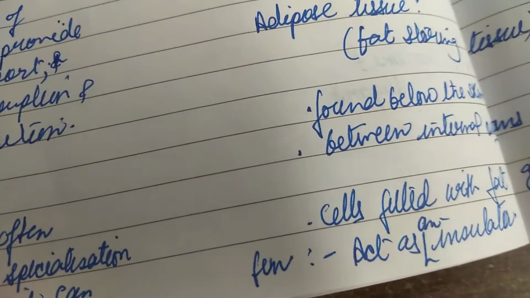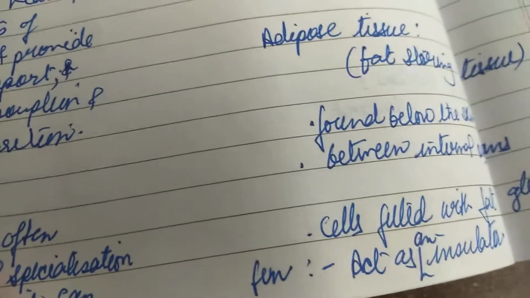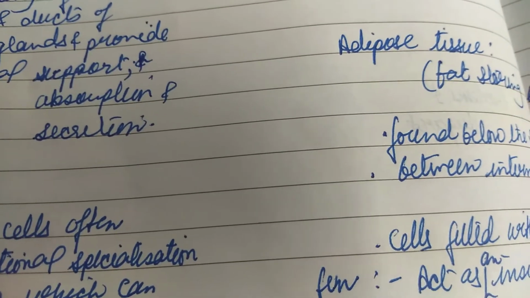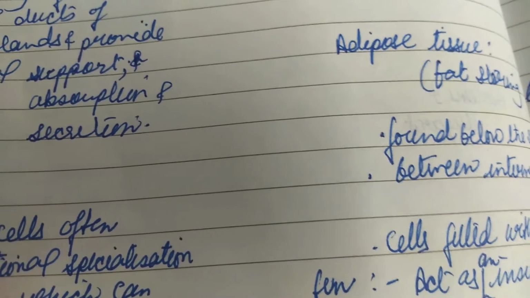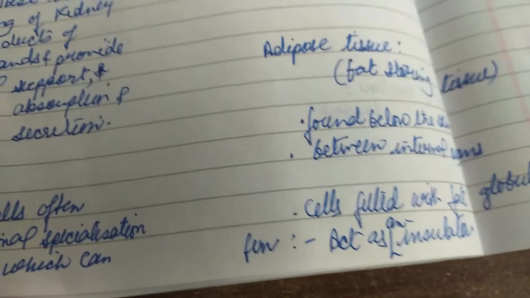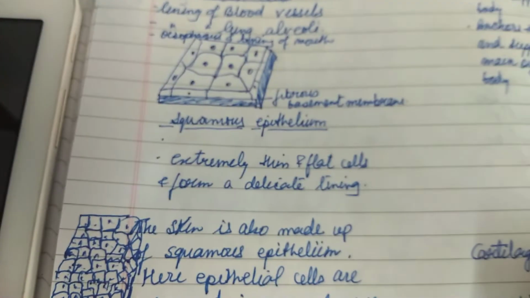That's why adipose tissue acts as an insulator. Those having more fat droplets can easily protect themselves from cold. So they act as an insulator. This much is for you as far as connective tissues are concerned.